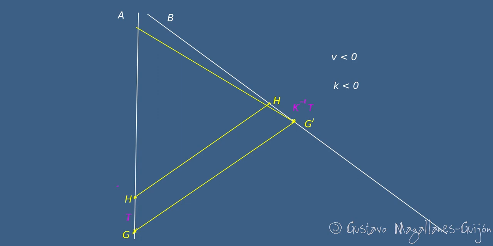If the event H is receding to the observer A, we have that the interval is smaller, it's much smaller.